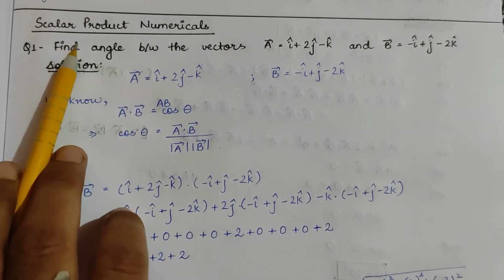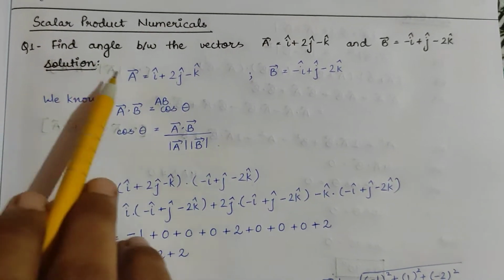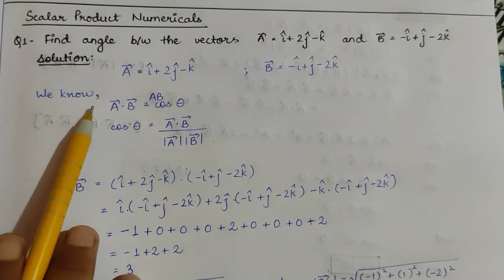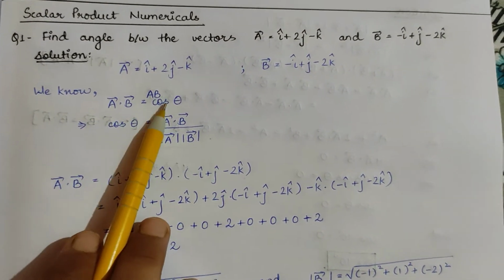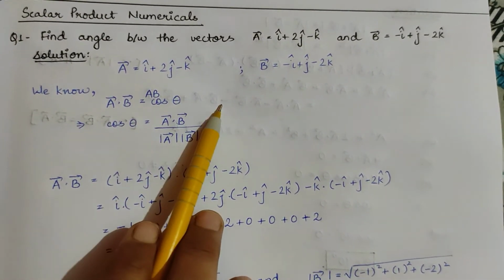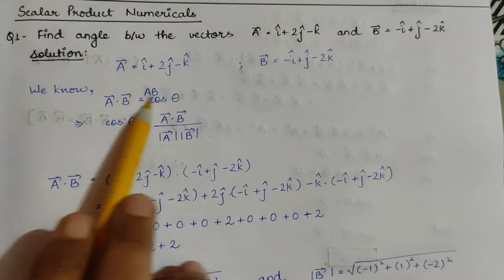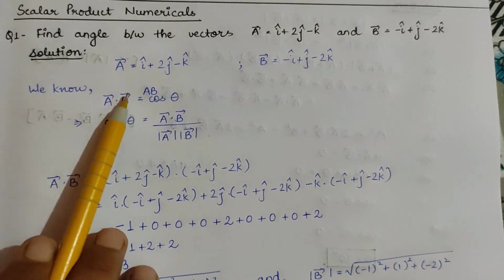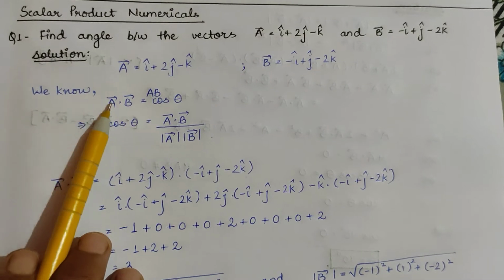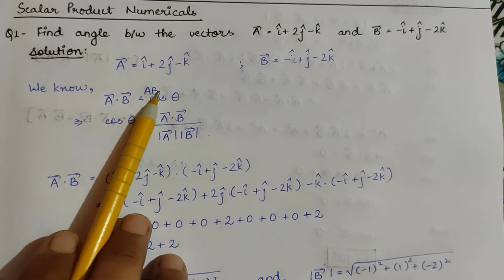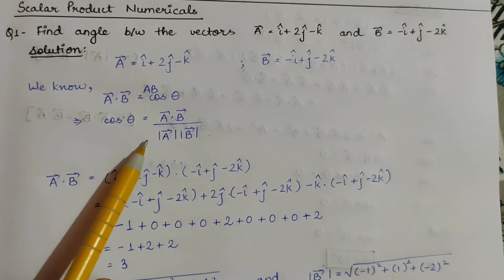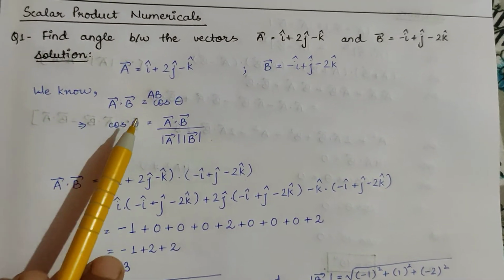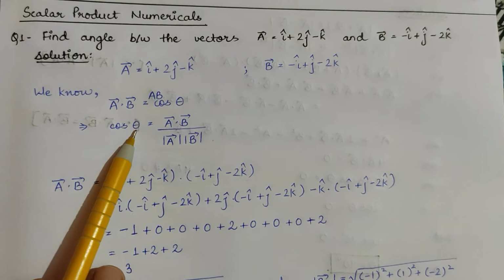We already know that the scalar product of two vectors is the magnitude into cos theta. So here also we will apply the same thing: vector a dot vector b will be equal to ab cos theta, and we have to find the angle, so we have to find the value of cos theta.